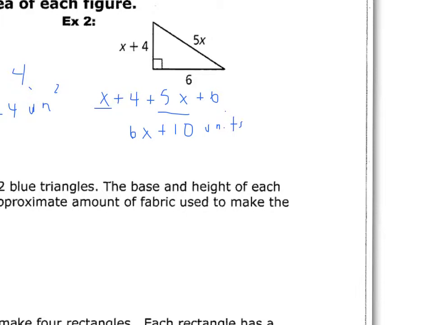Right, so that's perimeter. Let's find our area. Remember, area is 1/2 base times height. We know that our base is going to be 6, so we're going to plug that in. And then our height, of course, is going to be x plus 4.